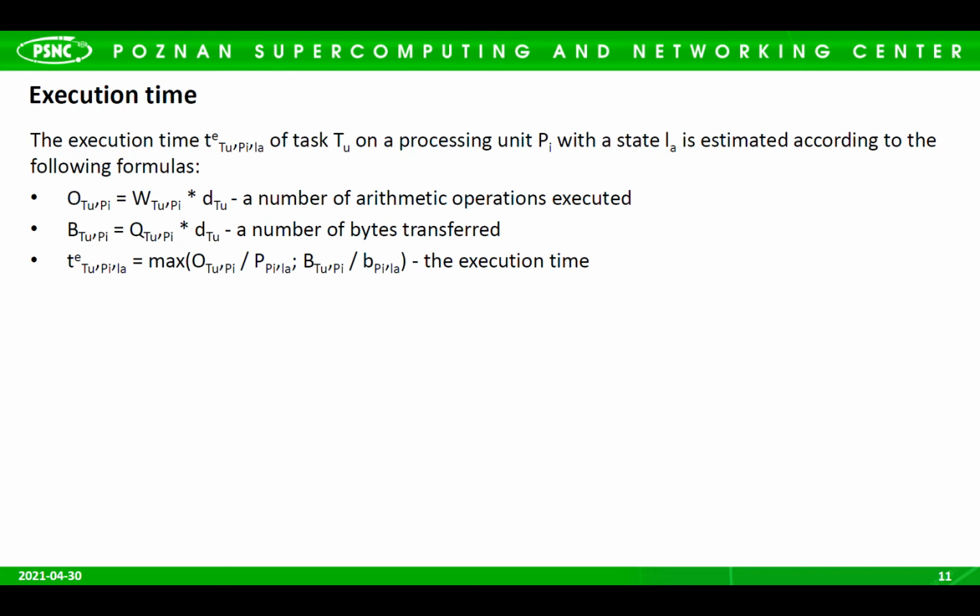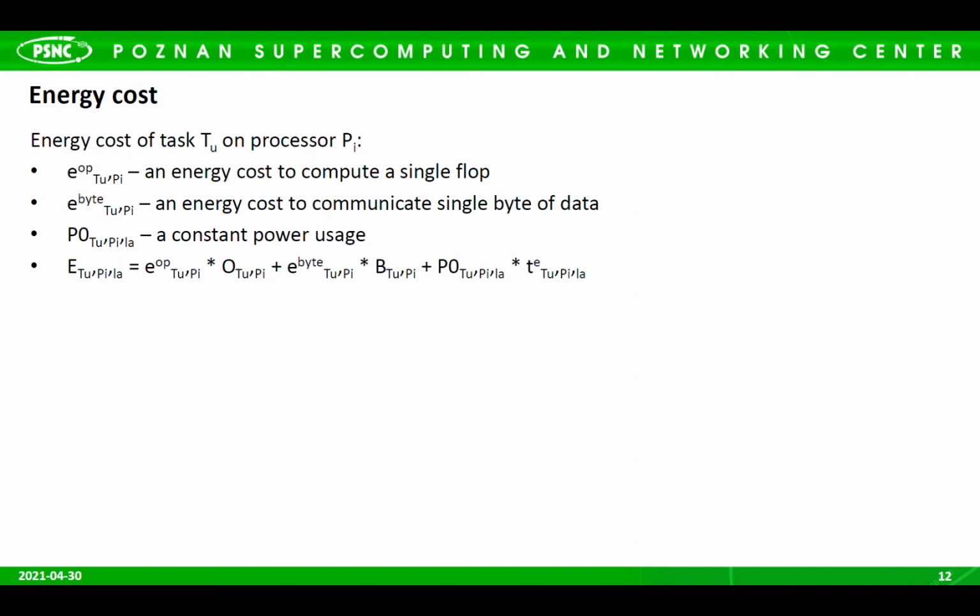So we have to calculate the overall number of arithmetic operations executed and the overall number of bytes transferred. When you have both parameters, we can estimate execution time by taking the maximum of how much time it takes to do the computation and how much time it takes to send the data.